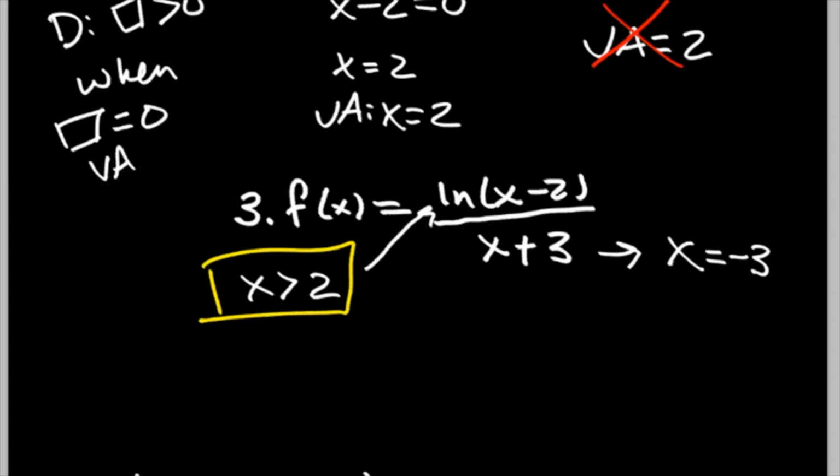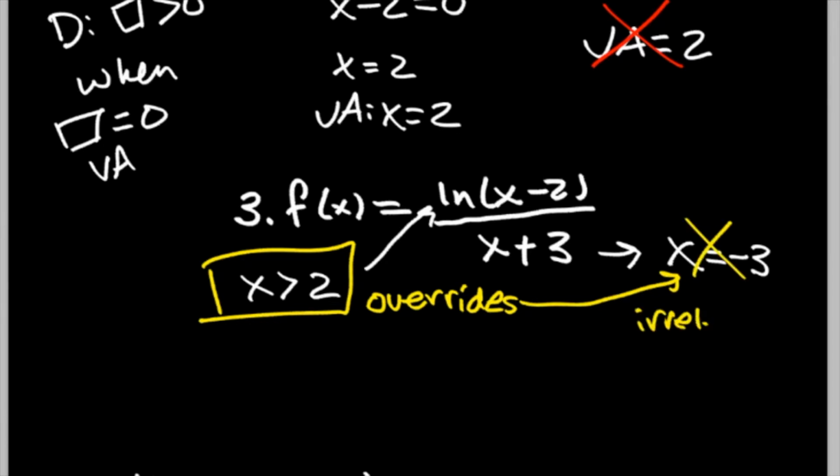If we have that restriction, then that overrides the whole x equals negative 3 thing. So essentially, that part becomes irrelevant. And we can just use the x is greater than 2 part to say that the vertical asymptote, so that's the domain, but basically we can tell then that the vertical asymptote is just x equals 2, same as the last one.